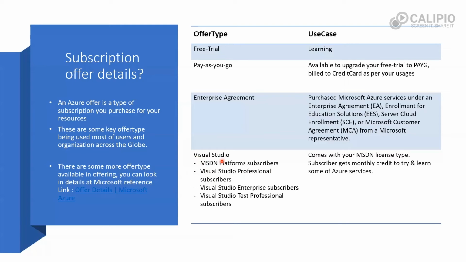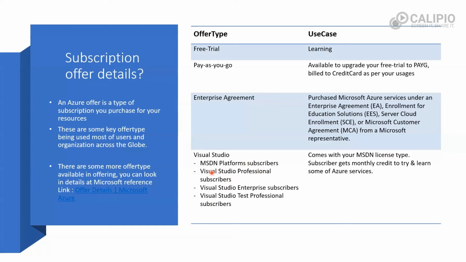Then you have Visual Studio. There are a few more types available, but I listed only the few which are key ones being used by different organizations, and this is mostly used by developers. So MSDN platform subscriber, Visual Studio Professional subscriber, Visual Studio Enterprise subscriber, Visual Studio Test Professional subscriber.